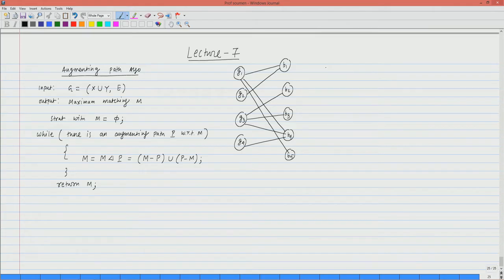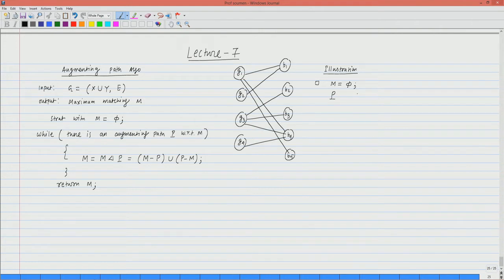Illustration. At the first iteration, as I said, this algorithm starts with a null matching. So, M is equal to phi, it is a null matching, there is no edge in the matching, and then you try to find an augmenting path P.